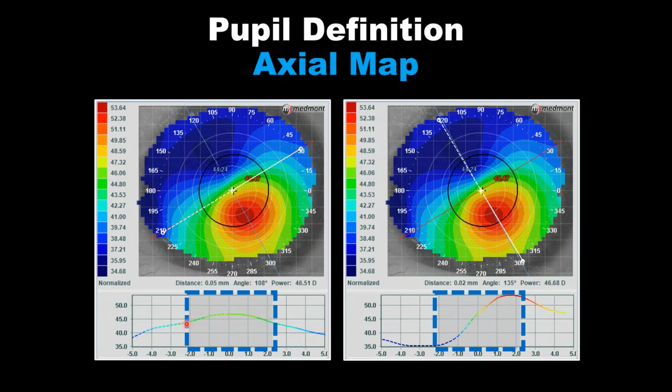Across this meridian of the eye, you notice this keratoconic patient has relatively normal shape. So we would expect, at least across this meridian, the aberrations to be relatively low. However, when we take the axis line across this meridian, across the cone, you notice a massive differential. We go from 53 diopters in the pupil to approximately 34 diopters within the pupil.